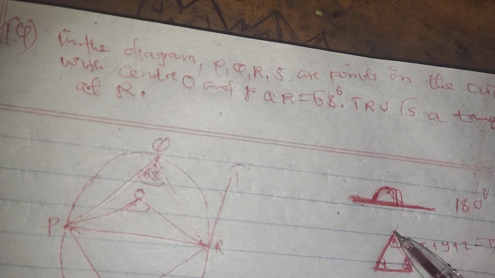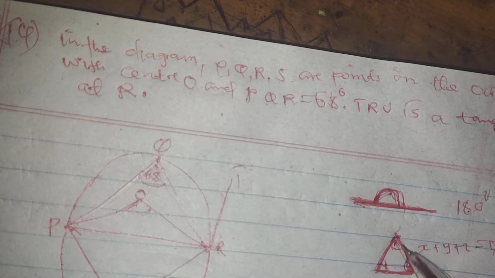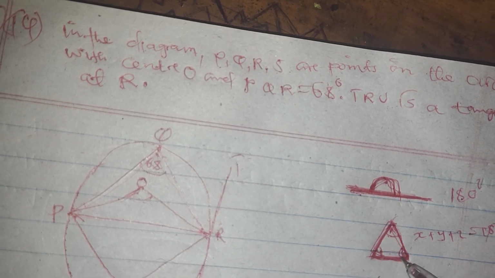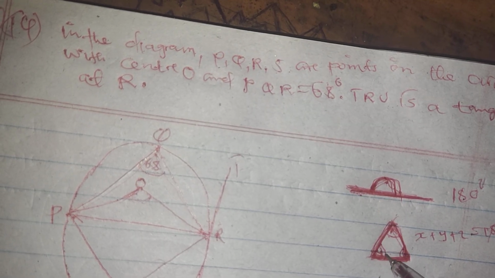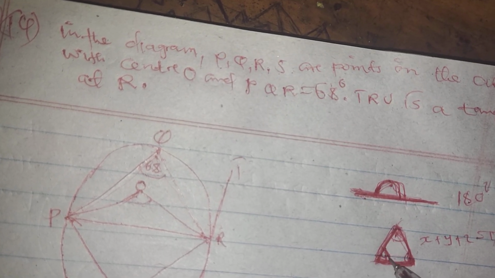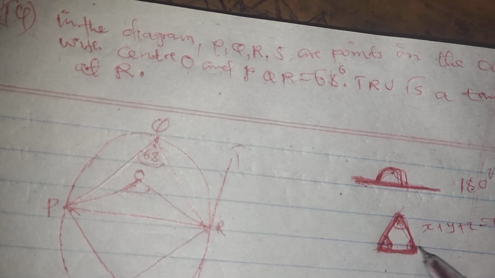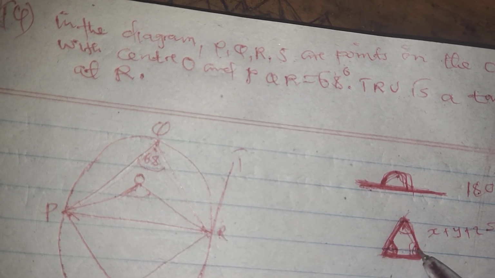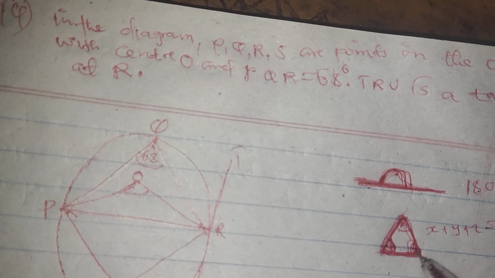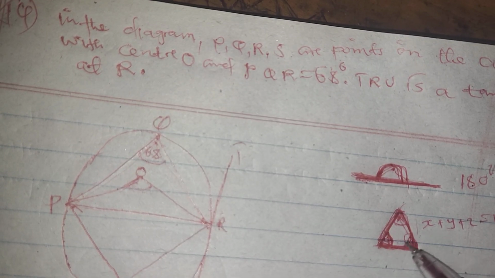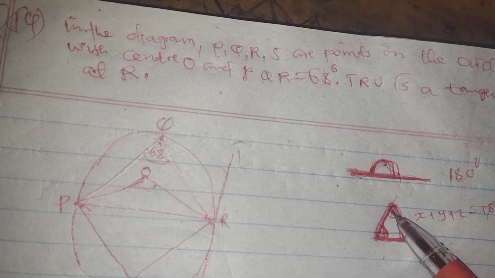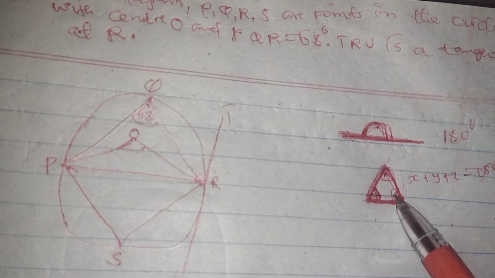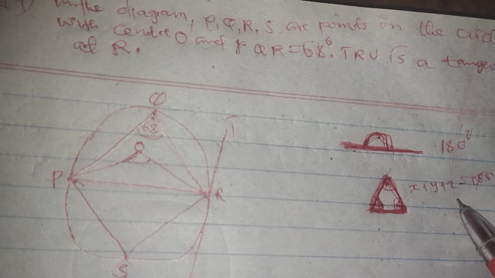Like here, this is a triangle. Because this triangle is in a straight line, any angle given inside or on one side, all of the triangle's angles add up to 180.